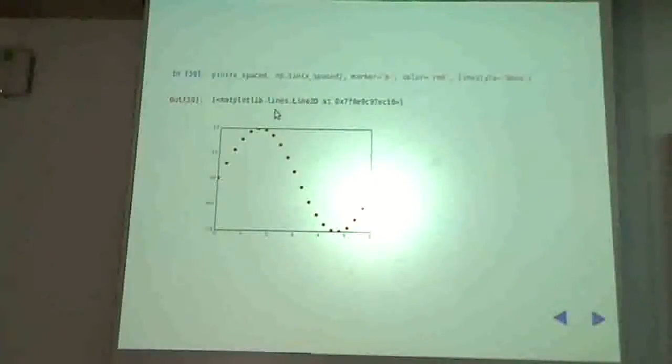Now, so I was wrong about this line style equal to none. Here again it says line style equal to none, and then it doesn't draw. So now we are again plotting sine, but instead of using that shortcut b plus kind of thing, we have separated it to marker and color.